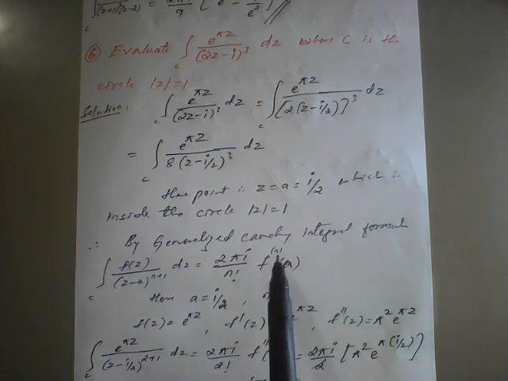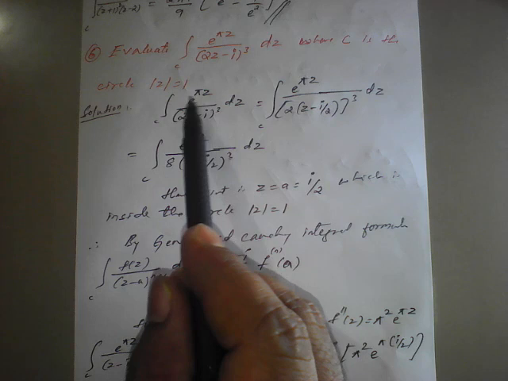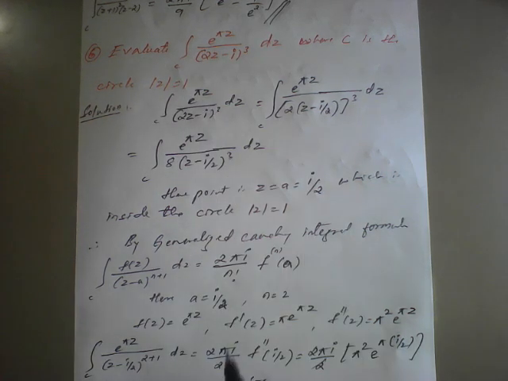Here n is 2 means two dashes will come, which stands for double differentiation. So f of z is e raised to pi z, the numerator part of the given question. If you differentiate e raised to pi z one time, it becomes pi times e raised to pi z, and one more time, it becomes pi square into e raised to pi z.